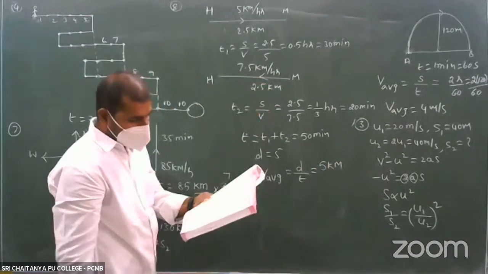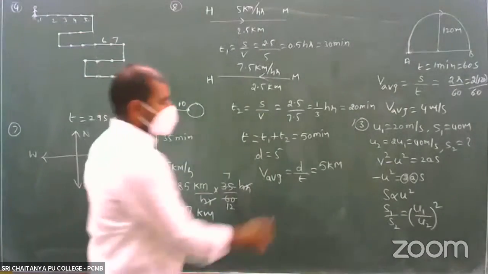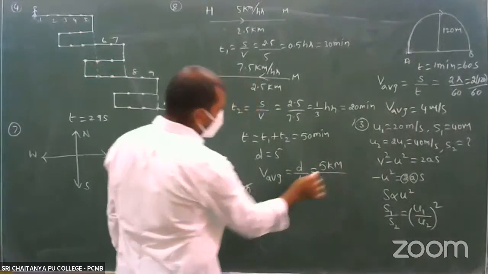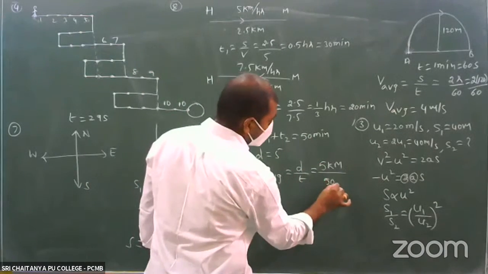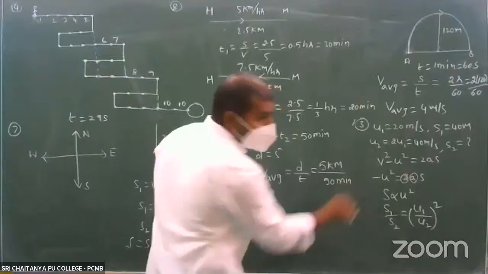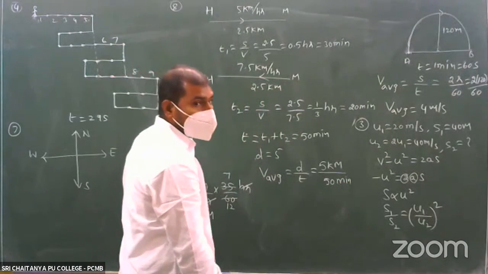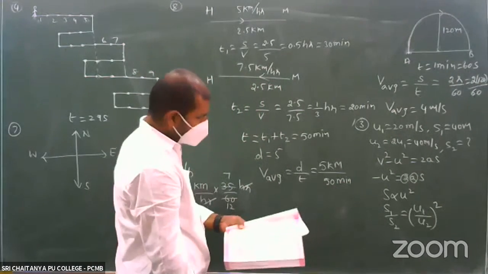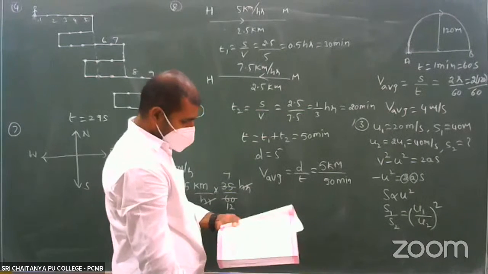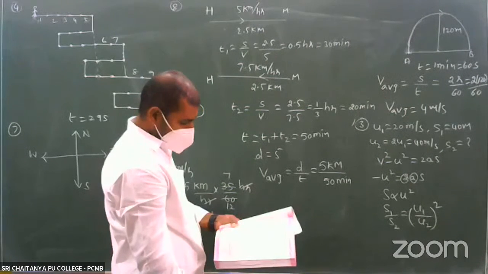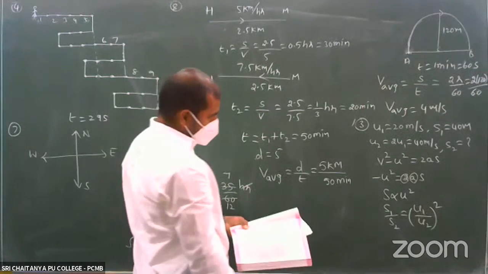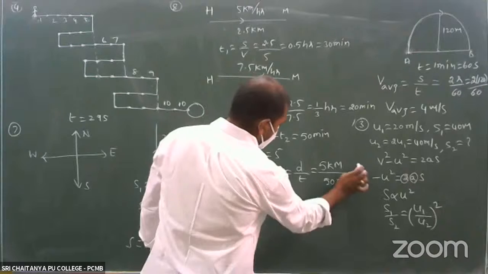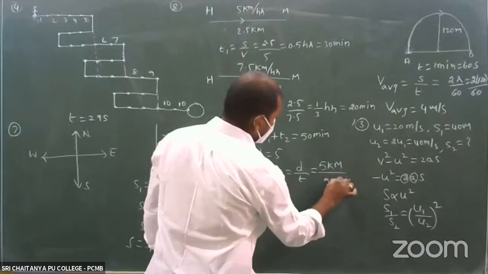Options given in terms of meter per second they are asking. Kilometer divided by time. Time is how much? 50 minutes. Convert in seconds. 60 minutes, that means in seconds what you will get?